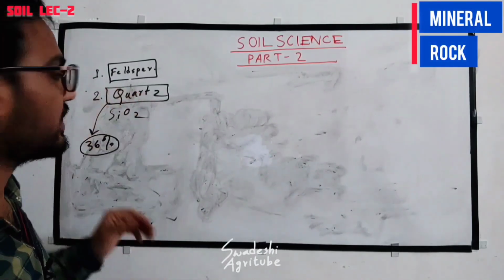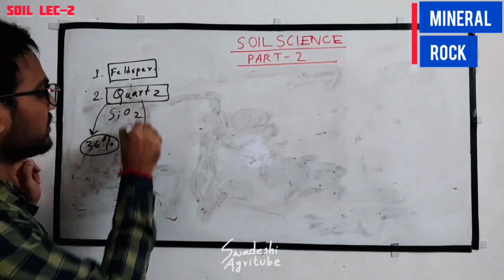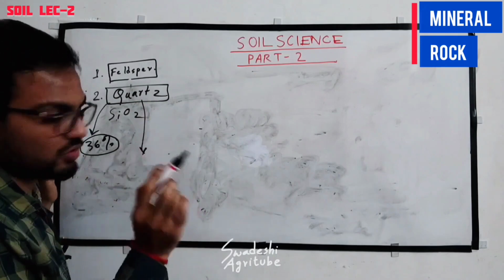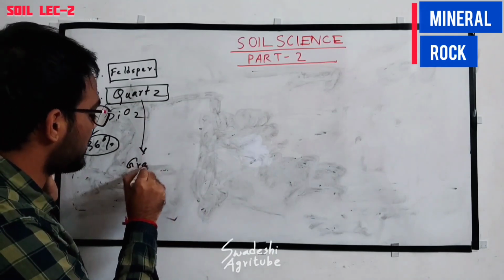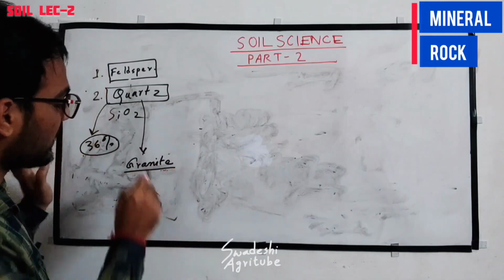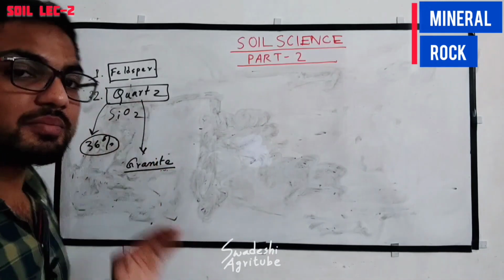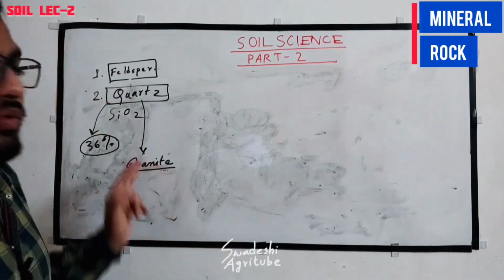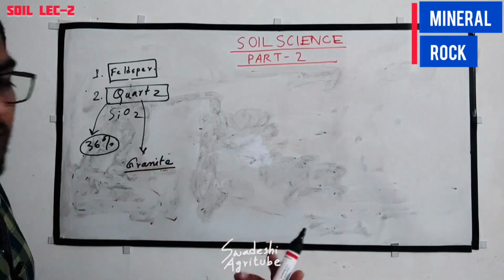Now the important point you have to remember, please listen carefully: granite is an acid rock, right? And the quartz present in granite is the purest form of quartz. Just opposite to granite is basalt.